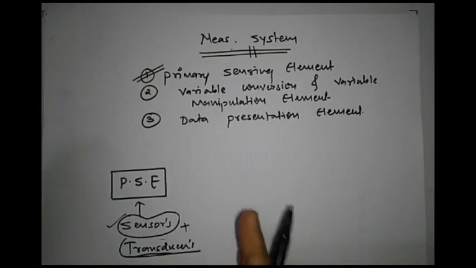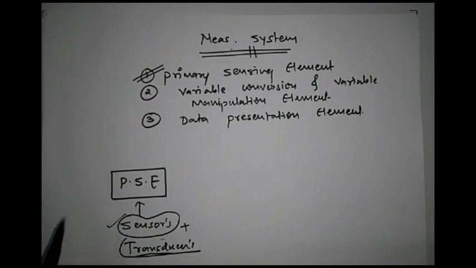So I can say that the primary sensing element is the first element of a measurement system whose main function is to sense the value of the unknown quantity with the help of a sensor and convert that value into some electrical signal with the help of a transducer.